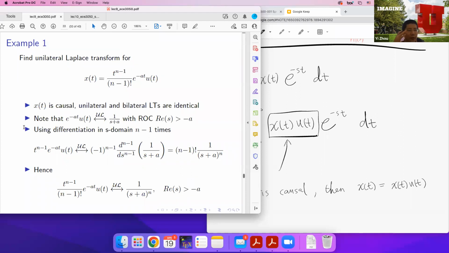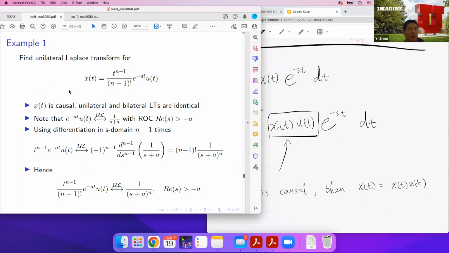Here's an example. Find the unilateral Laplace transform for this signal. This part is a standard exponential signal, e to the power negative at times u(t), and then we have this coefficient, t to the power of n minus 1, over a factor of n minus 1.